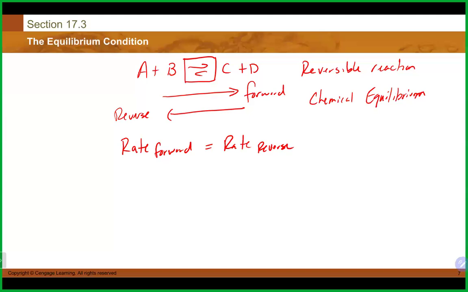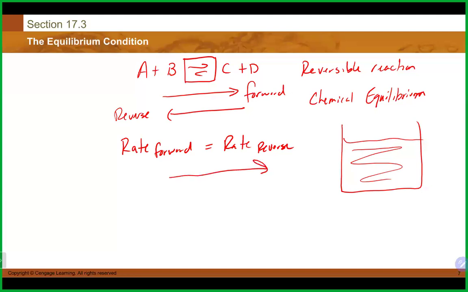But there is a lot of activity happening to maintain that. Although when you look at your beaker and this reaction has reached equilibrium, and maybe it just looks reddish, and it may look like nothing else is happening, there is a lot of activity of reactants going to products, products going to reactants, happening at the same rate to maintain what you're looking at. That is something to keep in mind: if you super zoom in, there's a lot of activity happening.